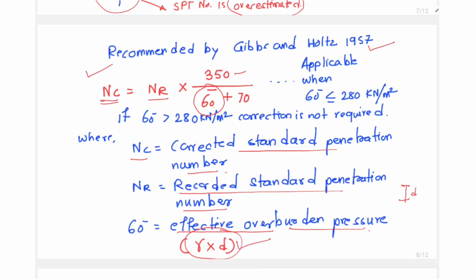Okay, and this formula is only applicable when the sigma 0 bar value is less than or equal to 280 kilonewton per meter square. If it is greater than 280 kilonewton per meter square, then this correction is not required. We directly take NR equal to NC.